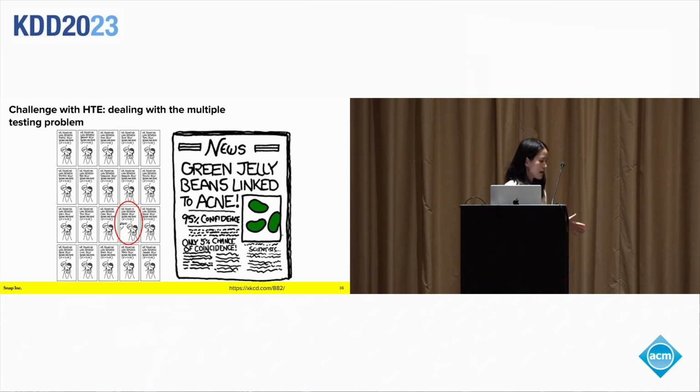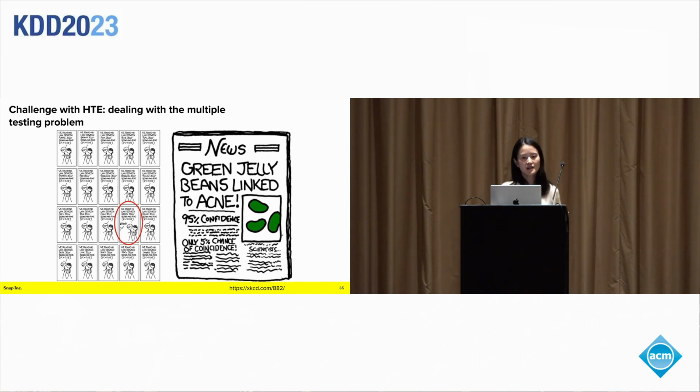Okay, so now after we take a look at how we deal with HTE in a very systematic paradigm, another challenge we want to talk about here is dealing with the multiple testing problem. So what is the multiple testing problem? Here is a cartoon example. Assume that you usually have acne one day in a month. And in order to know what causes acne, you take jelly beans of one different color each day in a month.